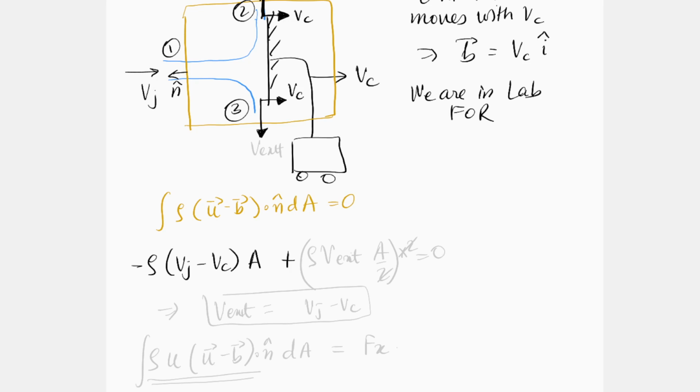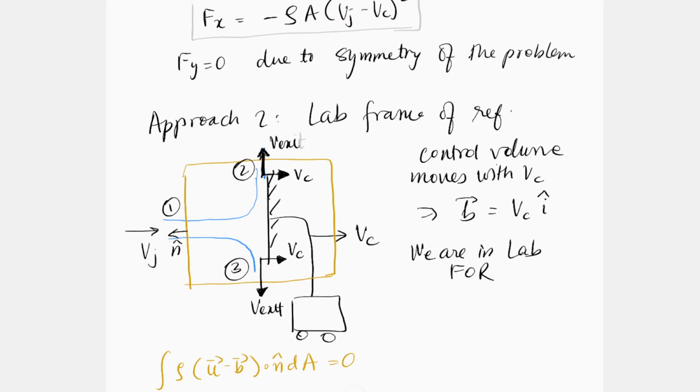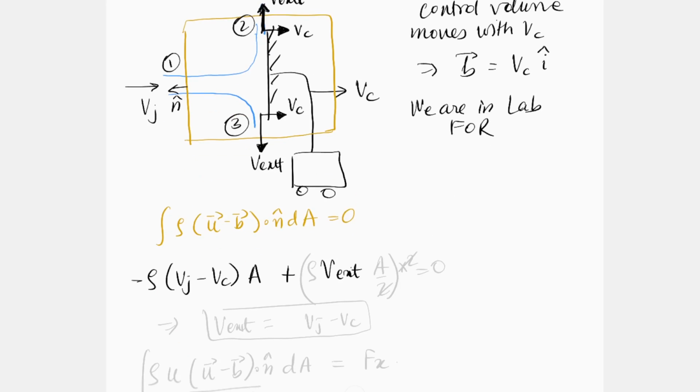At the other two surfaces, we will have only the y component of velocities contributing to the mass flux because they are orthogonal at those surfaces. So we will have V exit. So this is V exit as seen in the lab frame of reference, which is static. So V exit times A by 2 times rho. This will be equal to 0, but there are two such surfaces, so this will be multiplied by 2. So therefore, the V exit is equal to Vj minus Vc.